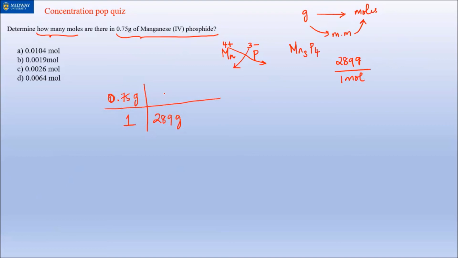Why? Because we want to get rid of grams when we want our answer in moles. So it's like a chameleon. You switch the numbers based on your need. And if you do that, it'll be 0.0026 moles. And that's the answer.